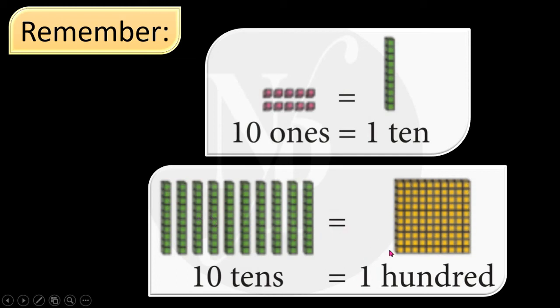There will be a panel or plane of beads containing 100 beads, which is equal to 100. So please remember these facts: 10 ones is equal to 1 ten and 10 tens is equal to 100.